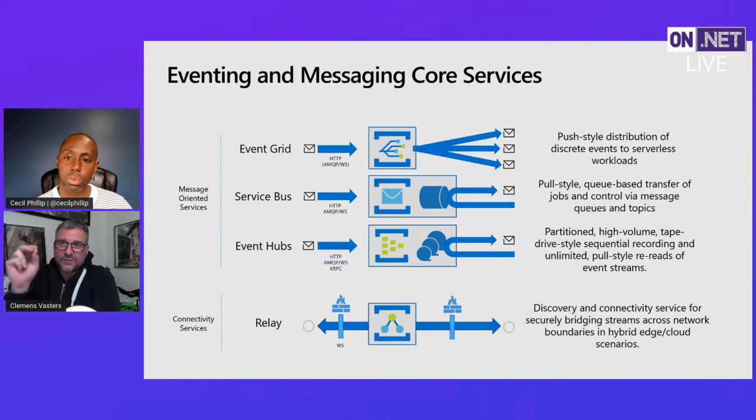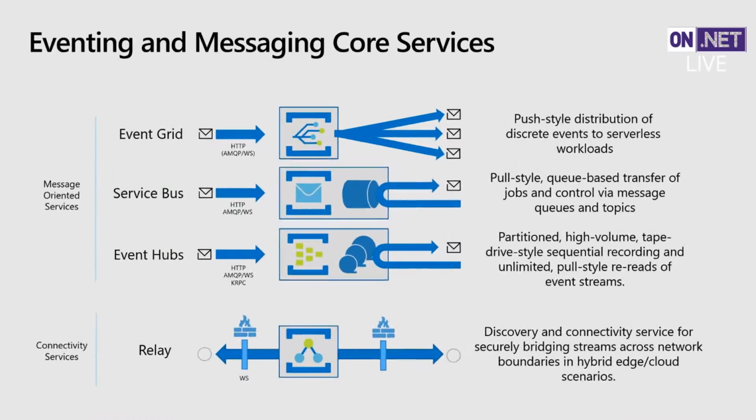We have EventGrid. EventGrid is infrastructure that is a push broker. You push events in, and then events flow out in a push fashion, which means we can send data to webhooks, to queues, and to event hubs. EventGrid solves the problem of invoking webhooks without having to deal with the webhooks probably not responding, being down, or being busy.